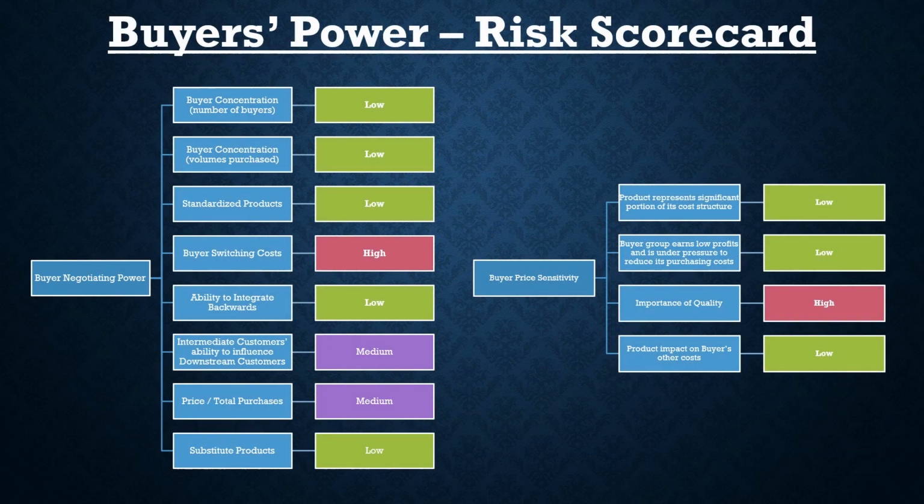And with that, we can prepare a scorecard for factors impacting bargaining power of customers, our third Porter force. Overall, in the case of Lightweight Finance, our scorecard has an average risk level of low to medium. This is consistent with our expectations, since there is no risk related to price sensitivity, given that the content is made available for free.